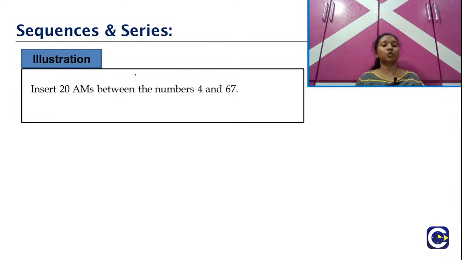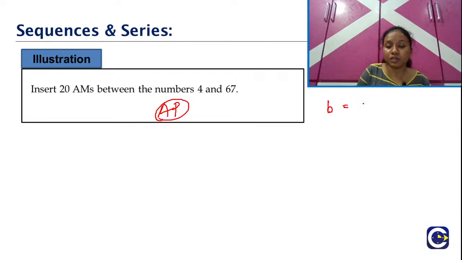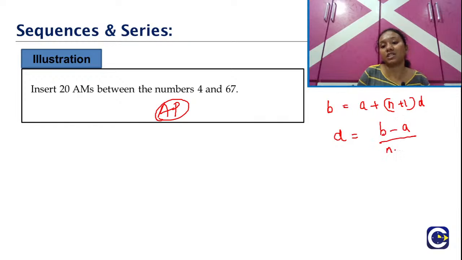As I have explained one question, I hope you guys can give this one a try. The question is: insert 20 arithmetic means between the numbers 4 and 67. You have to write the arithmetic progression, inserting 20 arithmetic means between the given two numbers 4 and 67. So far we have determined that b will be equal to a plus (n plus 1) into d, and the common difference d will be equal to (b minus a) by (n plus 1).